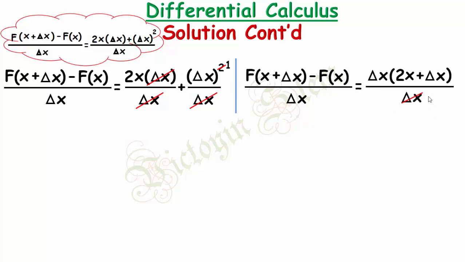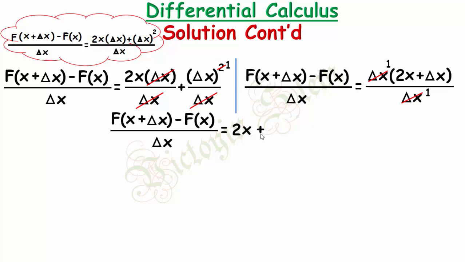So delta x divided by delta x is 1. So we can see the right hand side of this algebraic fraction has reduced to 2x plus delta x, and the first method also gave us 2x plus delta x. So we can see both methods give us the same answer. So you can use anyone that suits you.